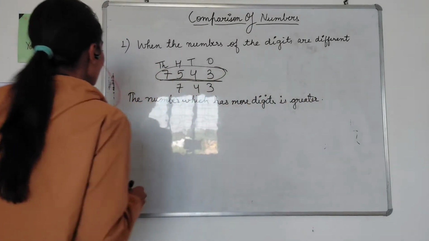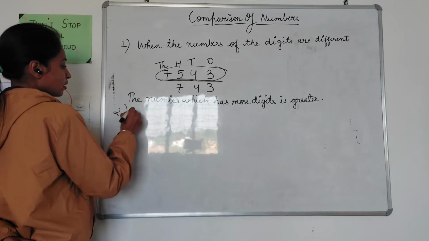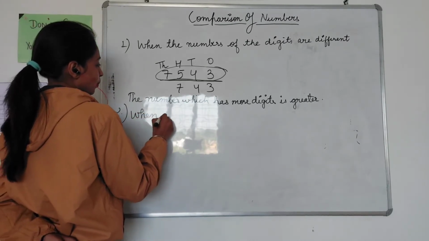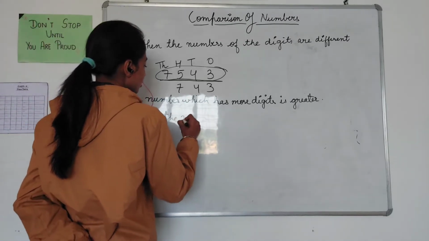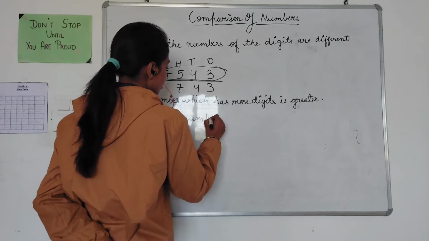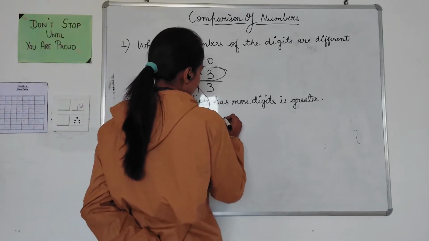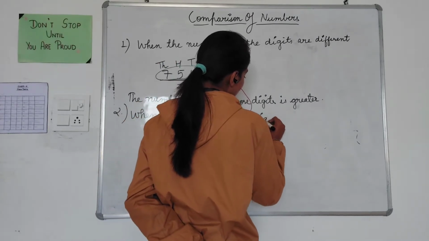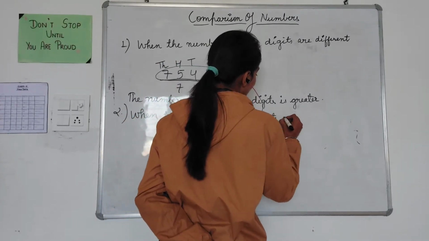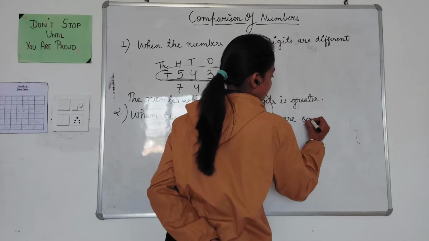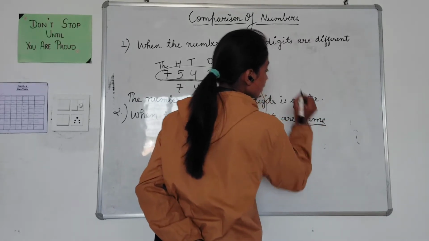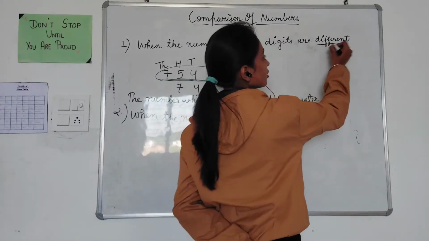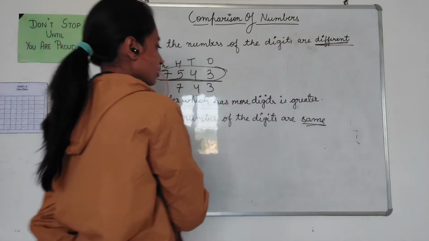Now the second condition is when the number of the digits are same. Here the number of digits were different.